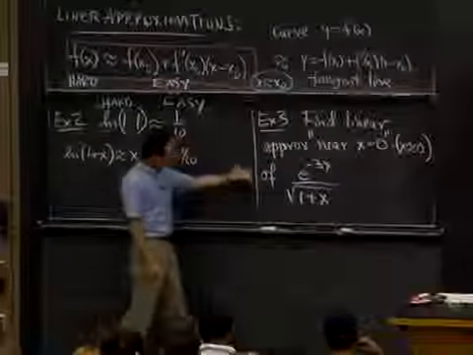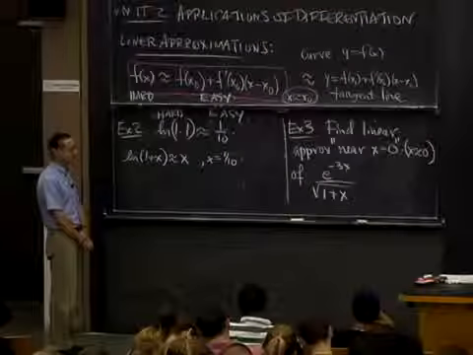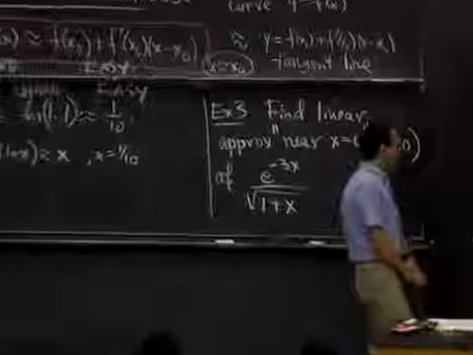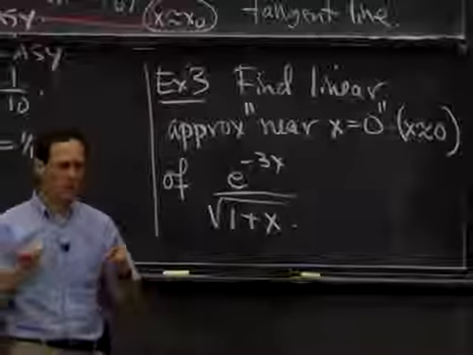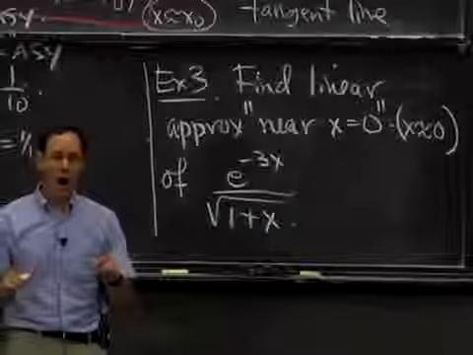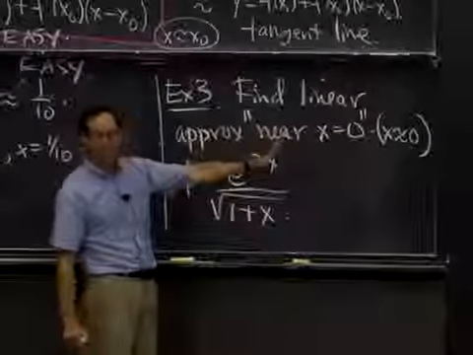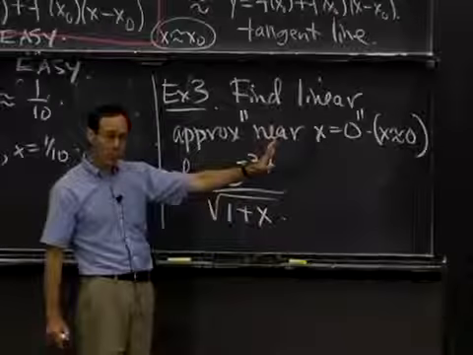All right? So here's a function. What I want to use for the purposes of this approximation are just the approximation formulas that we've already derived, and just combine them algebraically.